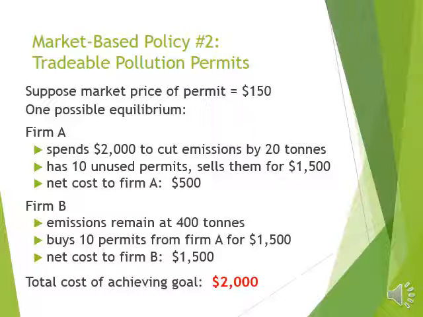Now, that is a market-based policy with the advantages of a tax-based, a Pigovian tax, which is also market-based, because you get these advantages that come from comparative advantage. Firm A has a comparative advantage over Firm B in cutting emissions. So they're specializing in clean energy, if you like.